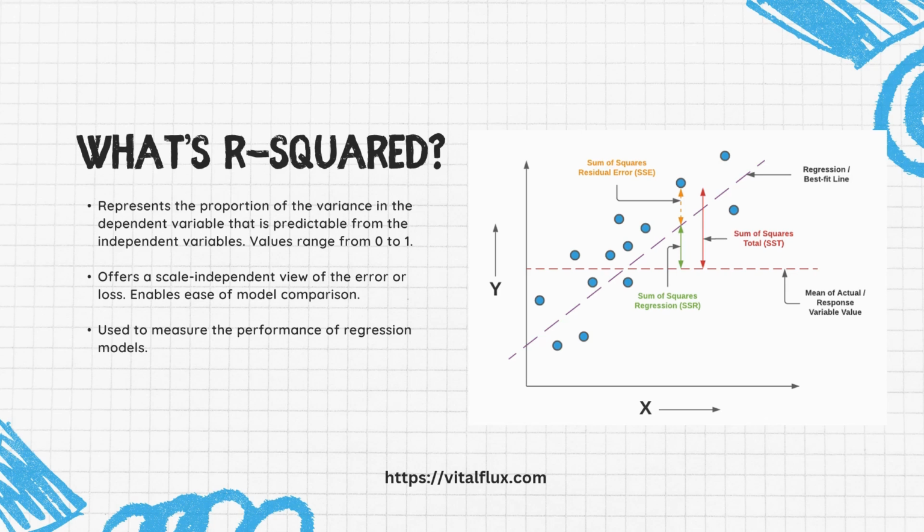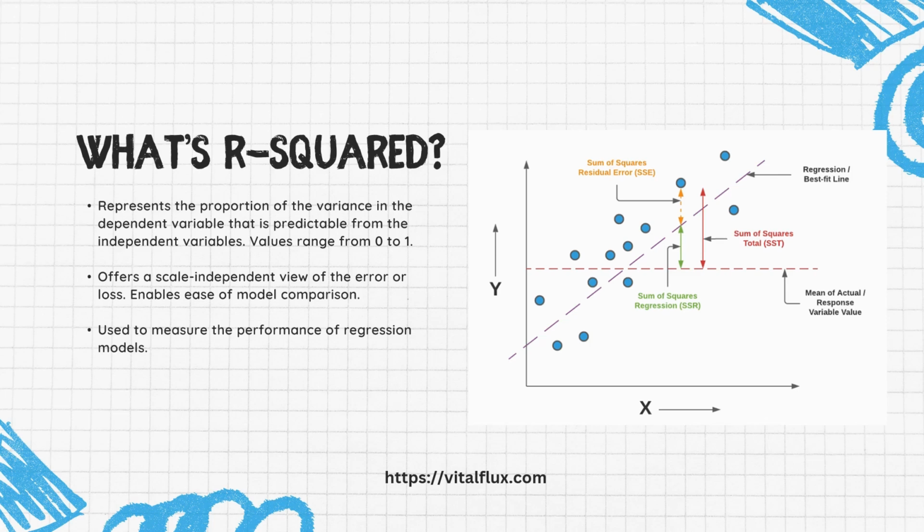Now let's understand how R squared represents a proportion of the variance of the dependent variable in terms of the independent variables. If you see from each of the points to the horizontal line, which is basically the mean of all of the values of the target variable, this difference, when we take the sum of squared, can be called the sum of squared total.